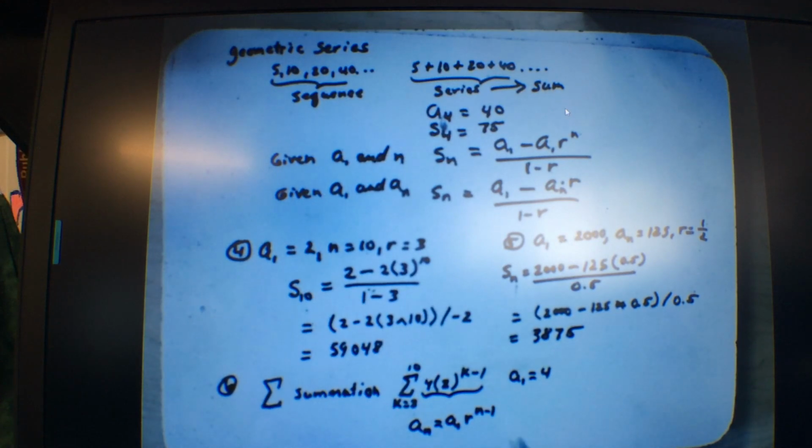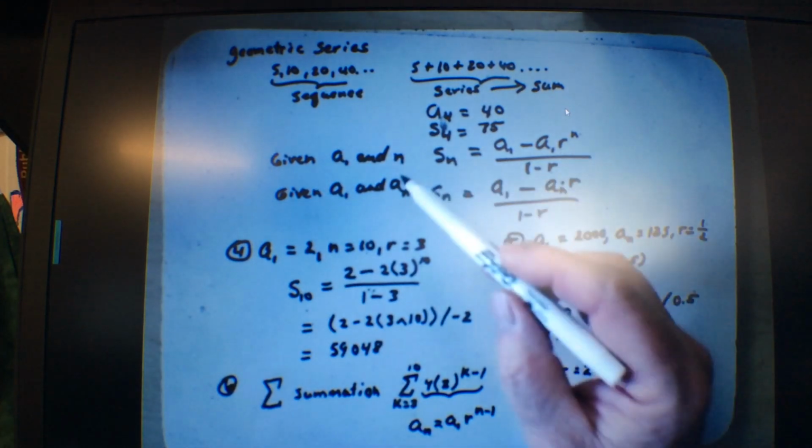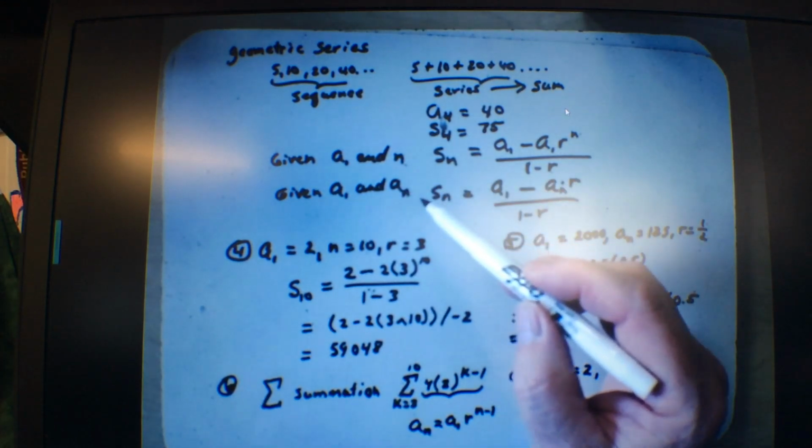Okay, so a sub 1 is 4. What is r? 2. Bo, do you understand that? Okay. Now, in order to use one of these two, we either got to find n or a sub n, correct?